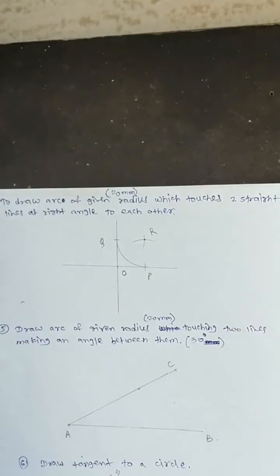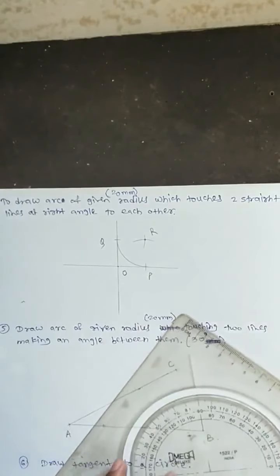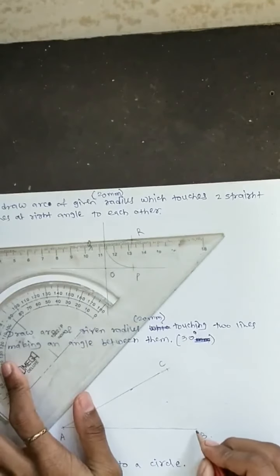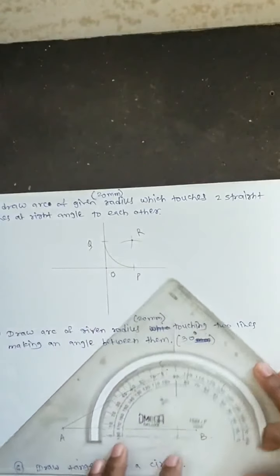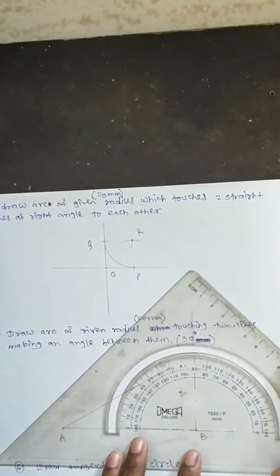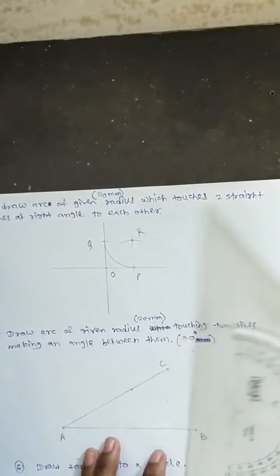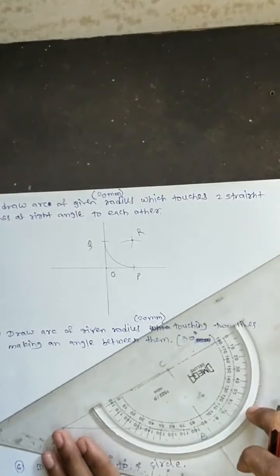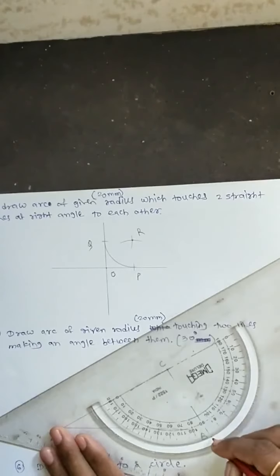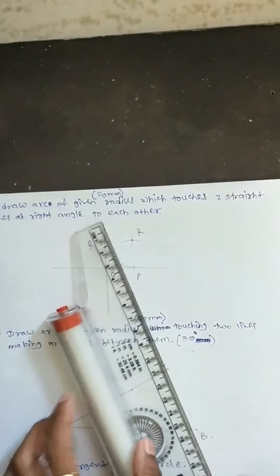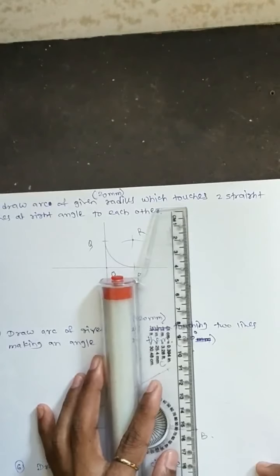Now take 20 mm distance from line AB and AC. For this take perpendicular from point B and from point C. So from point B take a perpendicular line, and from point C also draw a perpendicular line, and on this point take 20 mm distance.